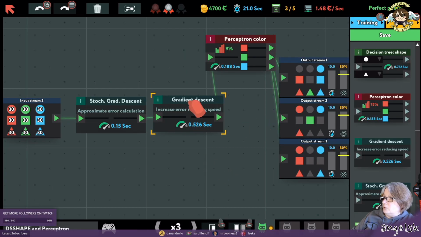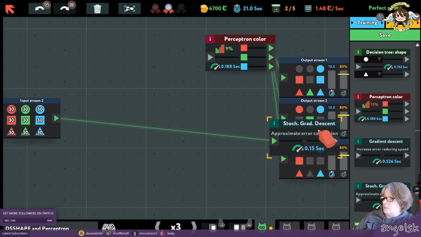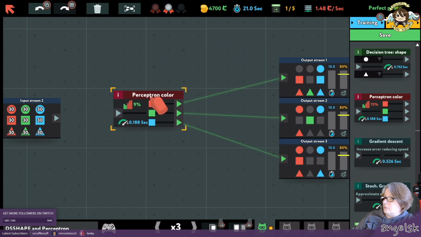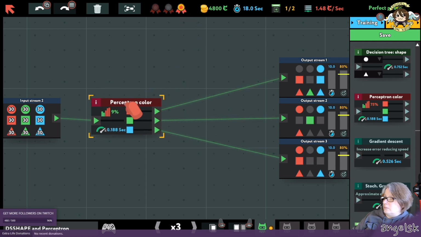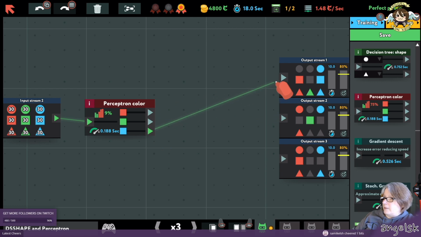Doesn't really make it any more difference. Okay, so it makes more sense for the blues here. The reds to go down here.